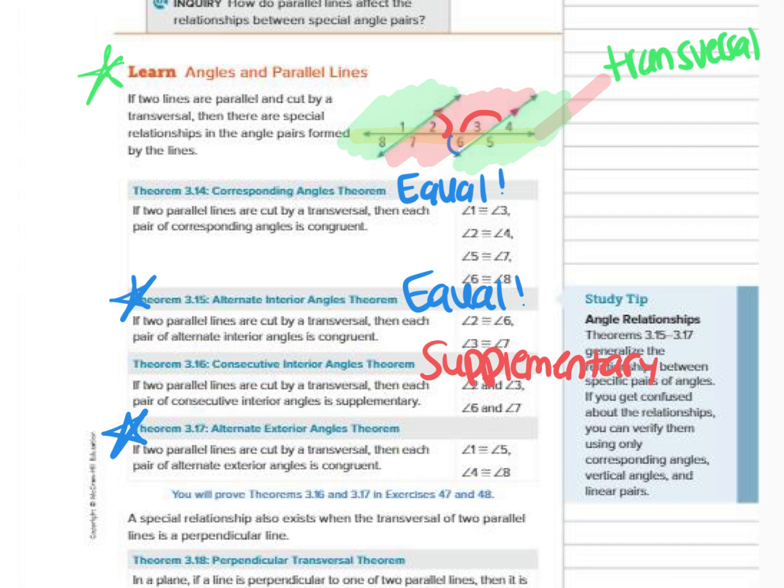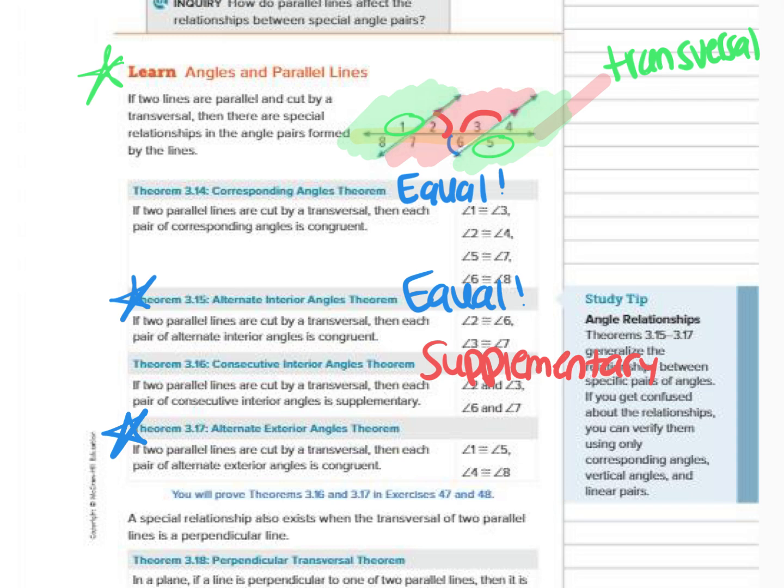And then adding that word alternate, making sure that we're swapping sides, going back and forth. So the first example they gave was angle 1 and angle 5. Notice angle 1 is on top of that transversal, angle 5 is on the bottom, so they're alternating, but they're both found outside the parallel lines.